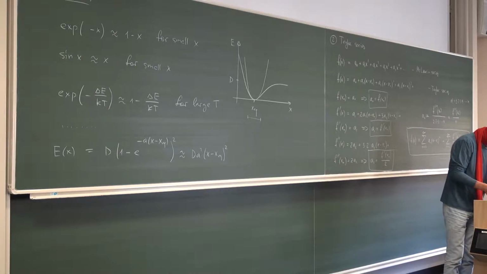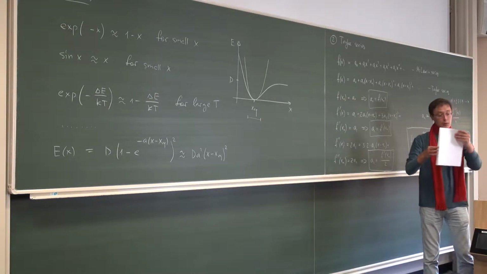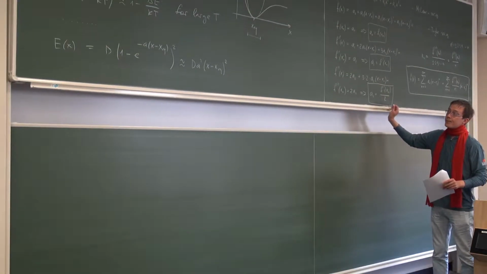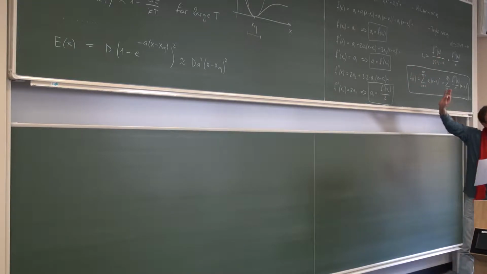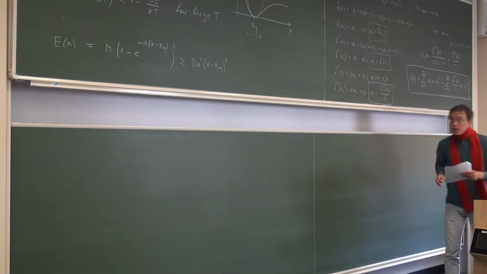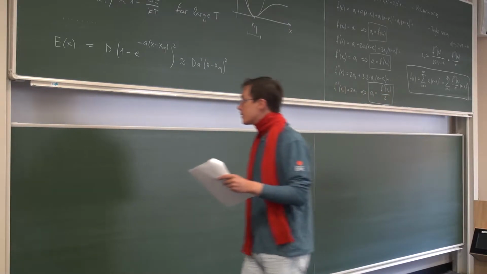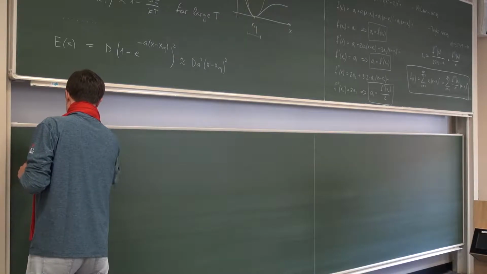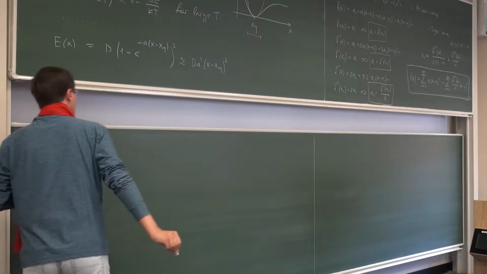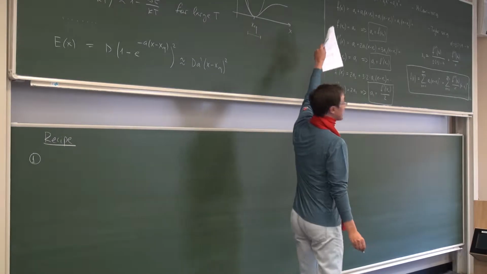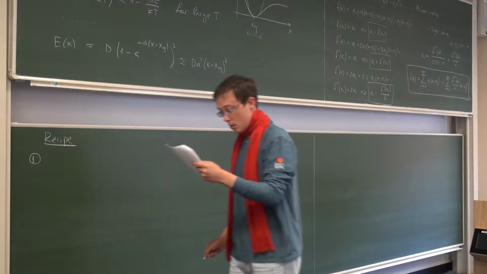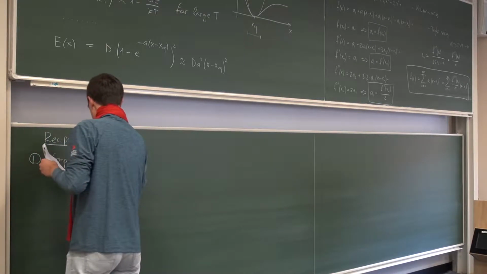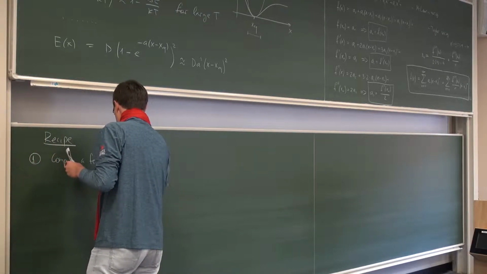Okay, let me give you a couple of examples of how to calculate Taylor series, and let us start with a recipe. You can more or less glean the recipe from the way that I derived the Taylor series for you, but basically the procedure is as follows. So, recipe. Item number 1, calculate a few derivatives of your function. So, compute a few derivatives.